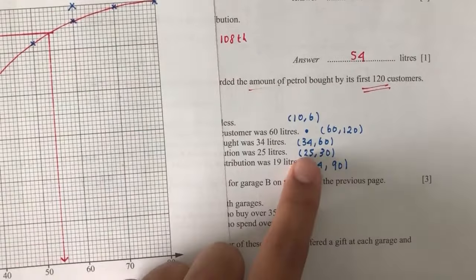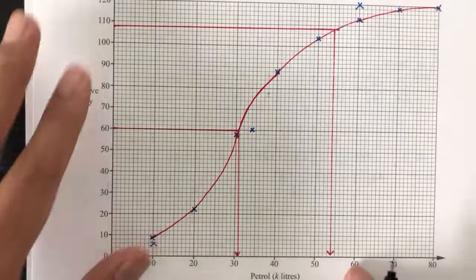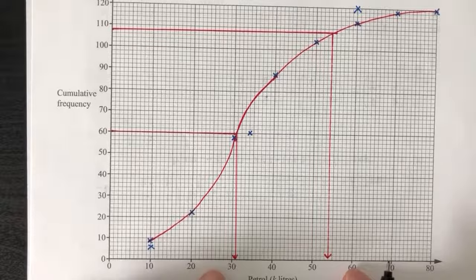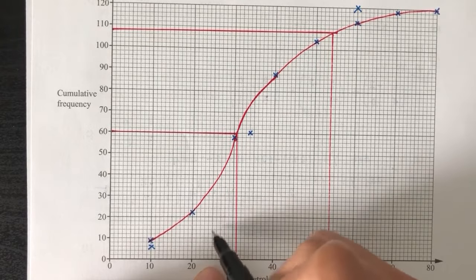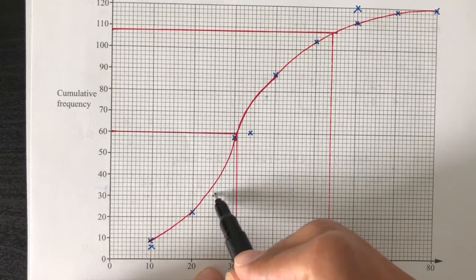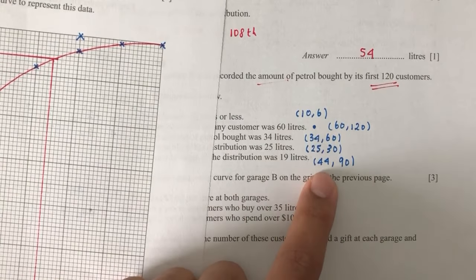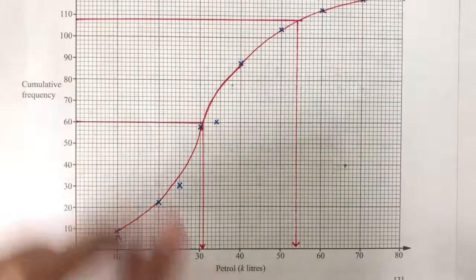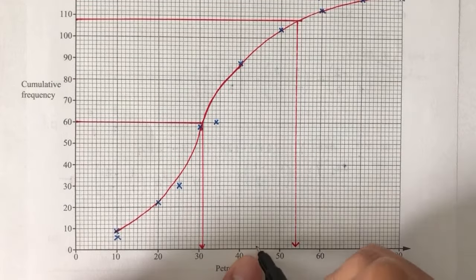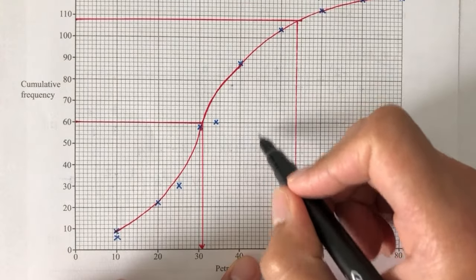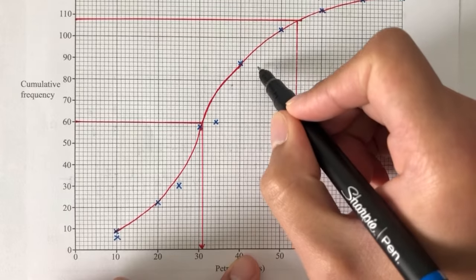Then we have 25, 30. So 25, 30 will be here. Then we have 44, 90. So 44 is here, and 90 will be right here.